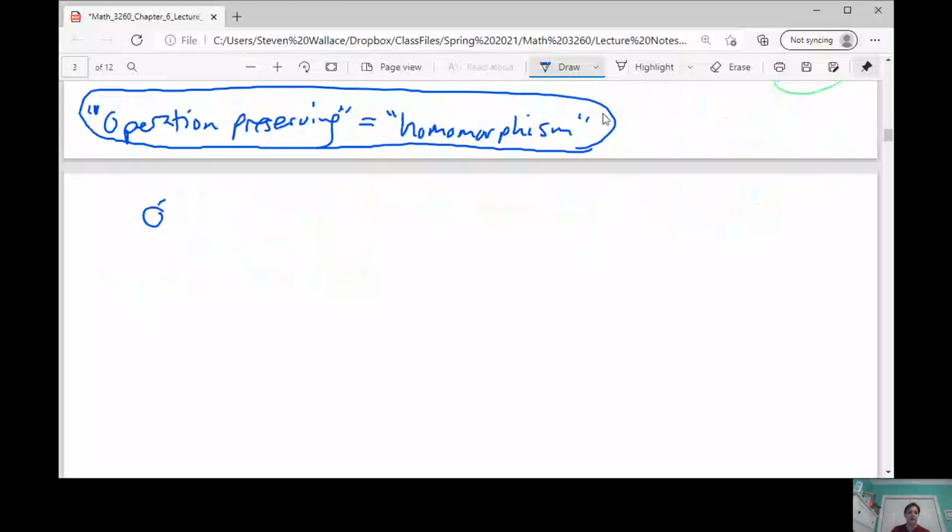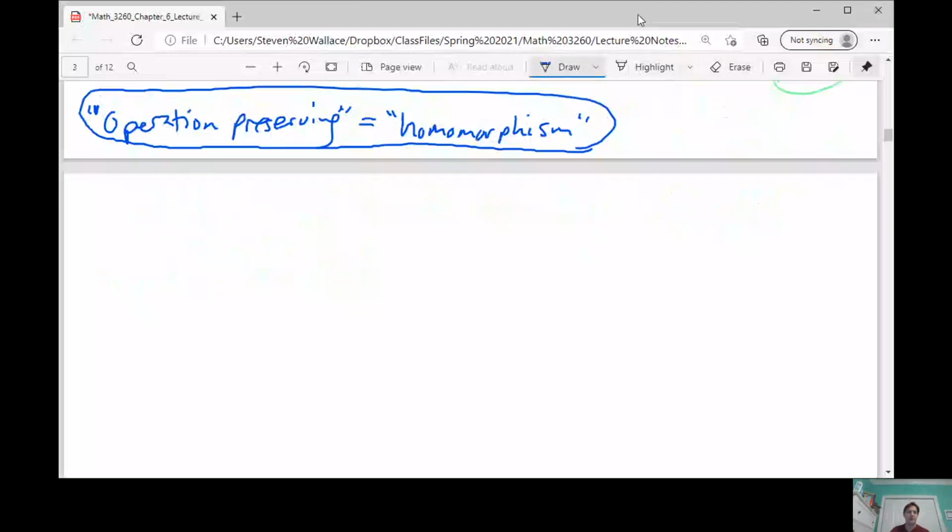Okay, so we're going to take phi of alpha times beta, where alpha and beta are given. So let me make this incredibly clear. Here's what we have to do.